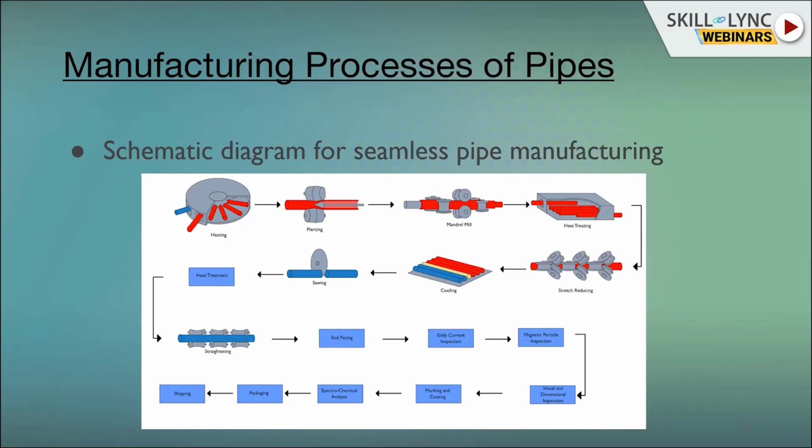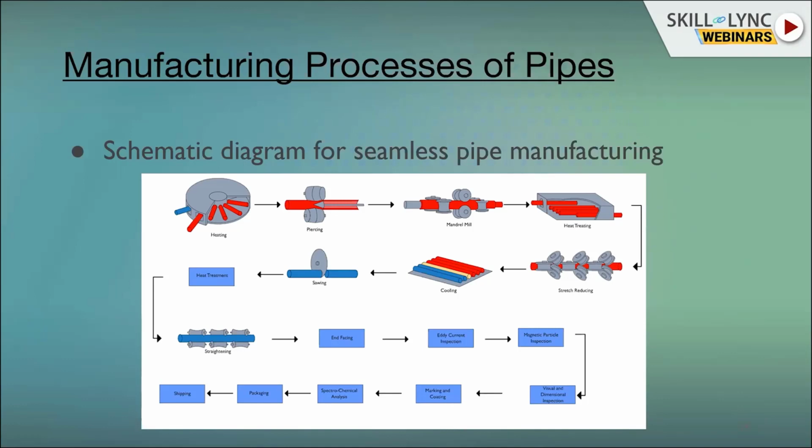The round bar is heated to a particular temperature, which depends on the process we are using for manufacturing that particular pipe. For example, 750 to 800 degrees centigrade, into a red hot condition.